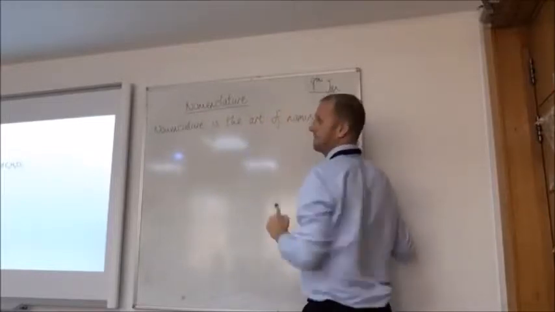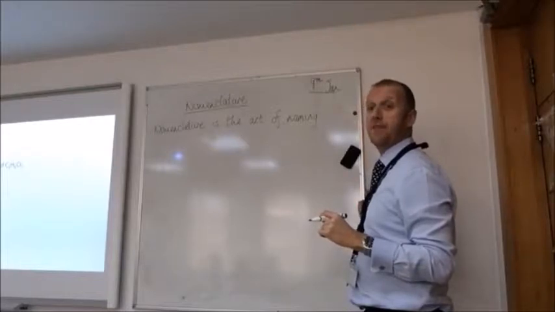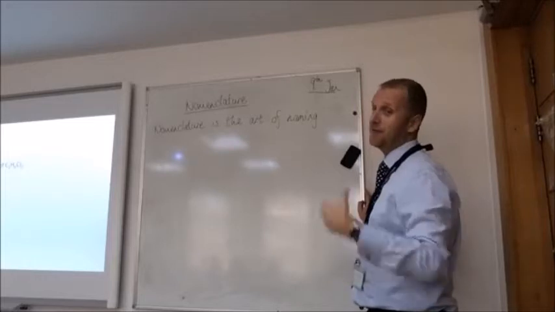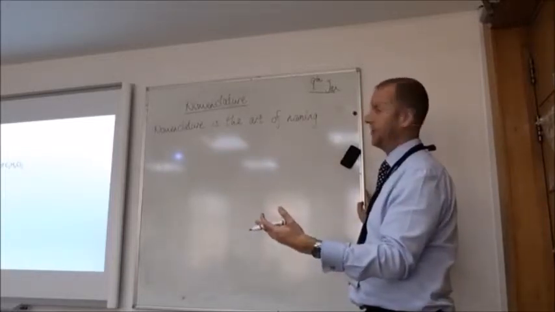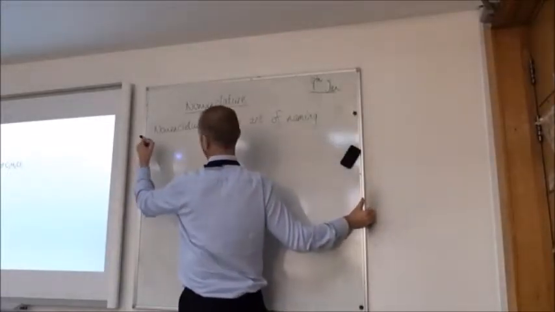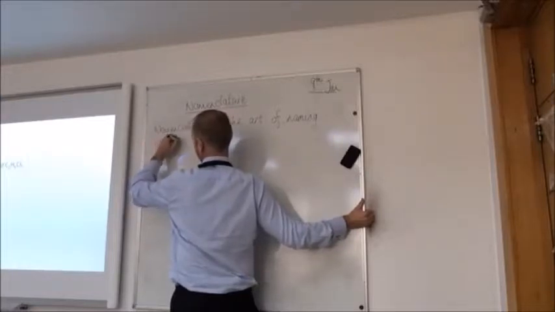With redox? Yeah, we did, absolutely. So that was nomenclature for inorganic compounds using oxidation states. So this will be nomenclature for organic compounds. Okay? So nomenclature is the art of naming compounds. And it is an art.